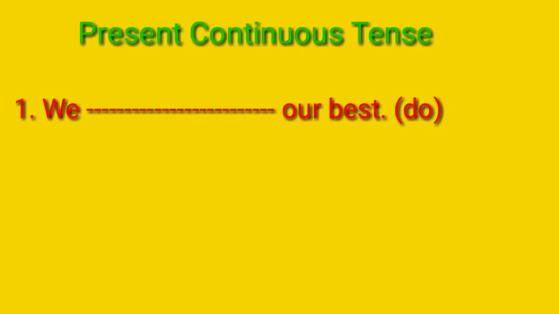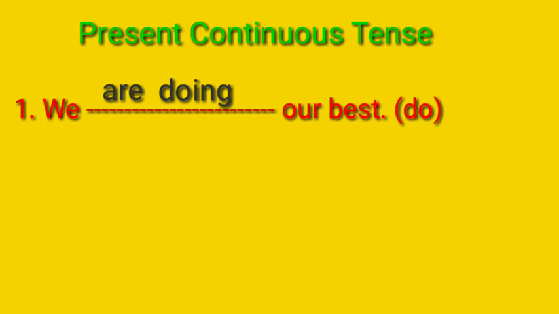Here we is plural, so we can use are here. Okay, are. Then after that what do we have to do? Ing form of the verb. Here do is the verb, add ing. Then doing. We are doing our best.